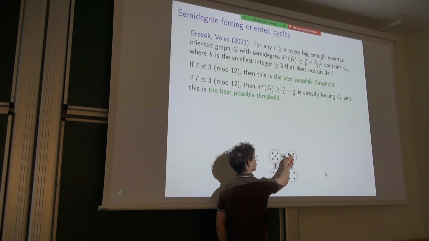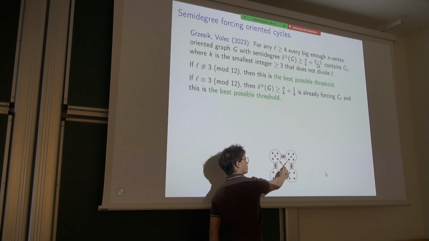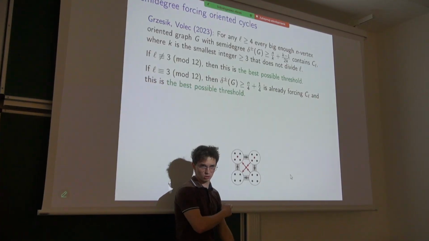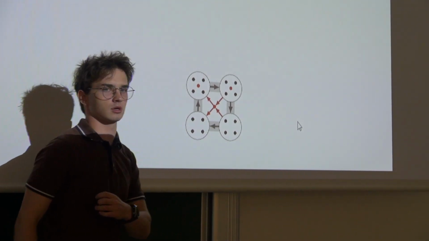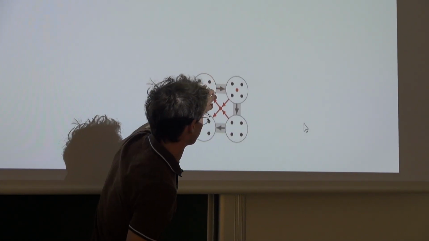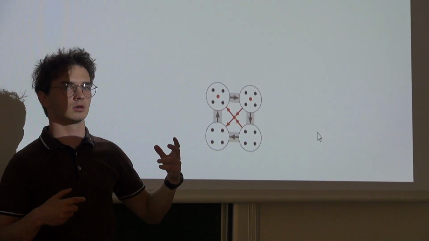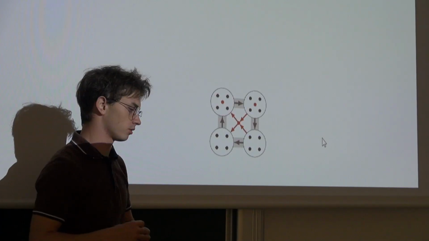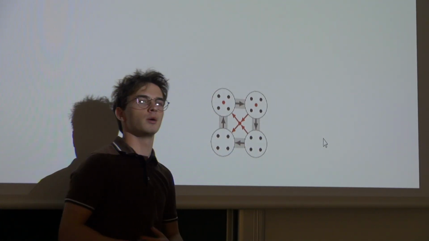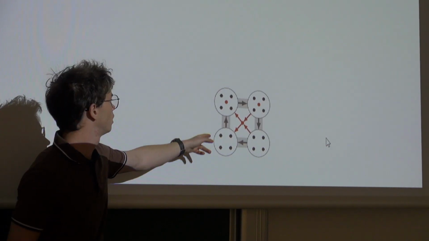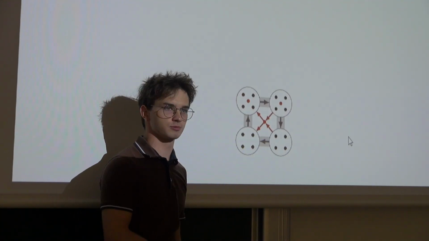What we do is we add 3 vertices, one in these blobs and one in the middle, and we connect the middle one with the blob here and the blob here, and we take the edges from this blob to this and this blob to the one in the middle. You may notice here that every vertex points towards at least one blob and one red vertex, and also is pointed to from at least one blob and one red vertex. Meaning the outdegree has increased by 1, where the number of vertices only increased by 3.